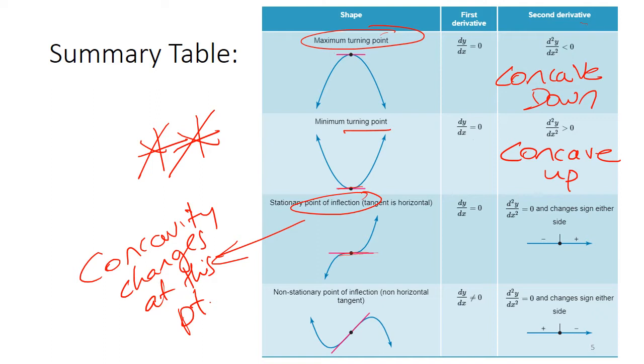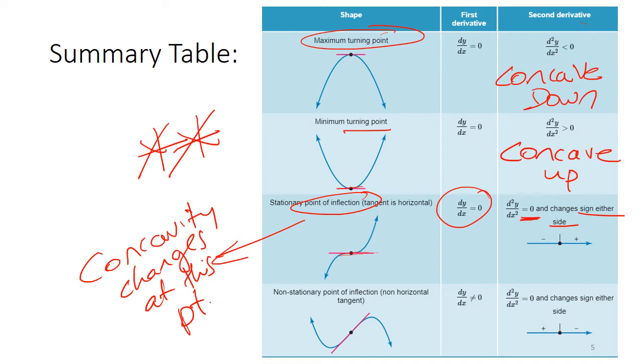At this point, the gradient is 0. And what about the second derivative? The second derivative at the point of inflection would be 0. But that's not enough. You still need to check the sign on either side. So we need to find a number that is slightly smaller than that point, and we check.